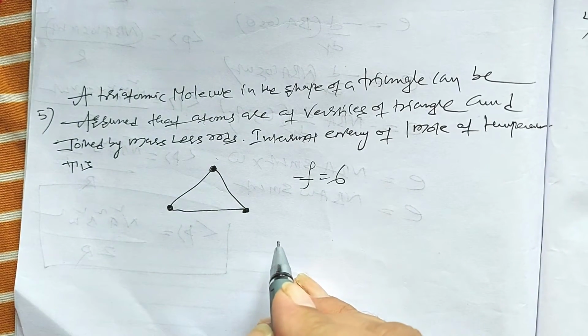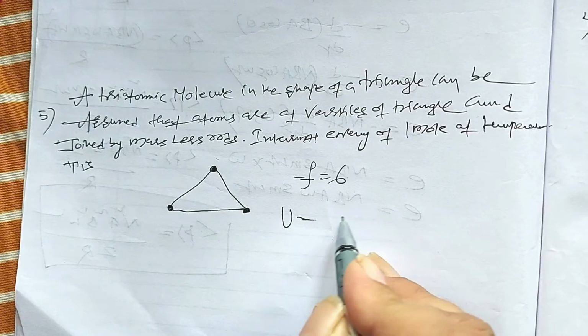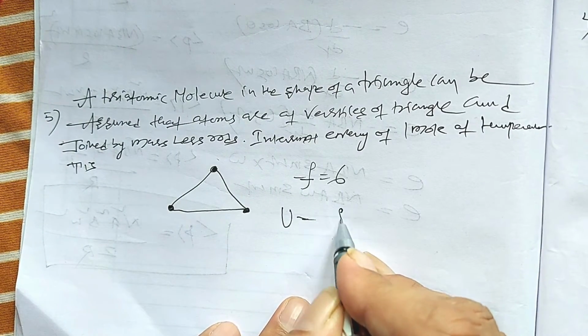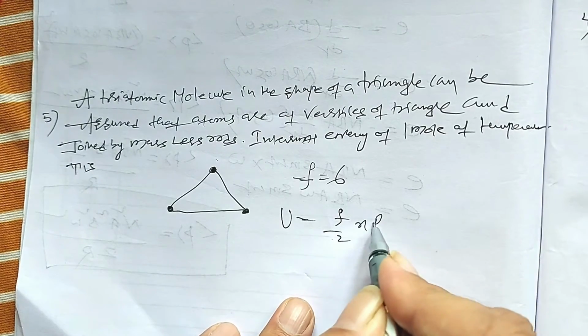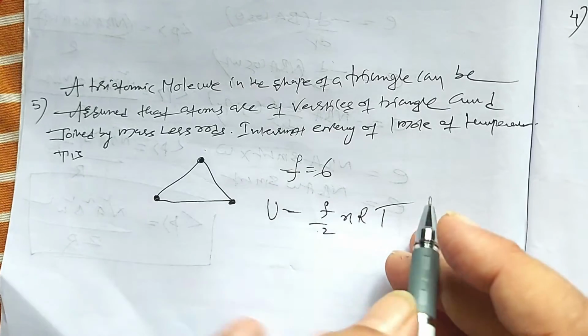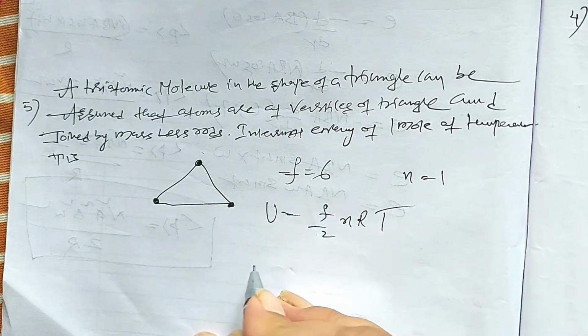So internal energy of 1 mole of this triatomic gas, U is equal to, we know that, F by 2 nRT. Here they gave n is equal to 1 mole and F is equal to 6.